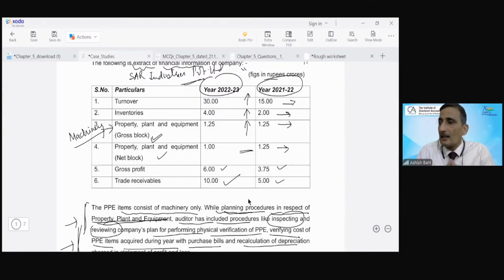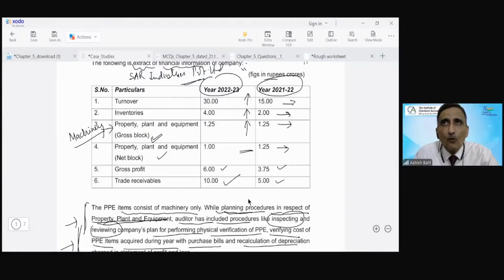Yes, Kasak, you are asking me to show the MCQ again. Okay, I would again show it to you. First of all, read and assimilate the contents of this table and this para. The question is on property, plant and equipment.